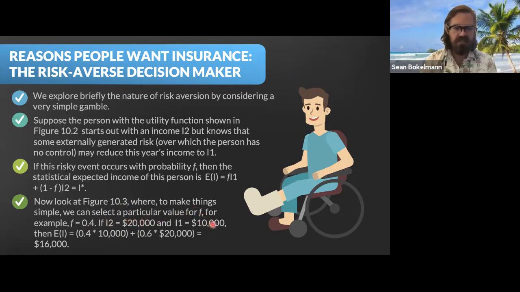The lower income is $10,000. So with these numbers, we can calculate the expected income, right? The expected income is 40% chance of getting $10,000 plus a 60% chance of getting $20,000. And that ends up being $16,000. Okay, so that's the expected income.